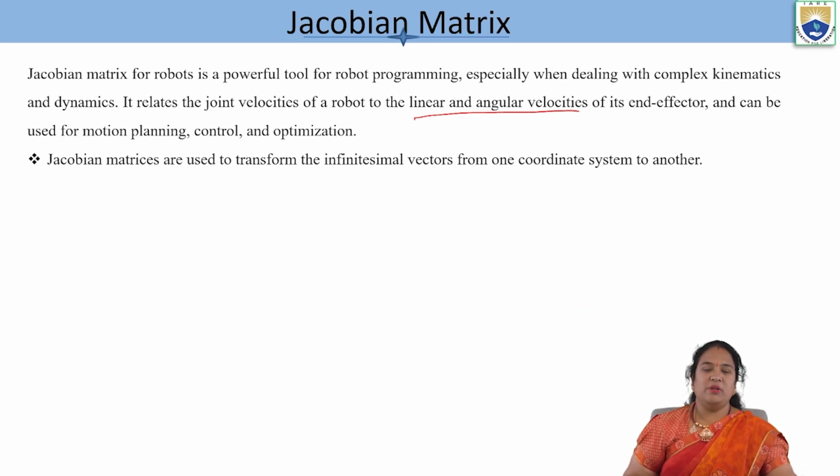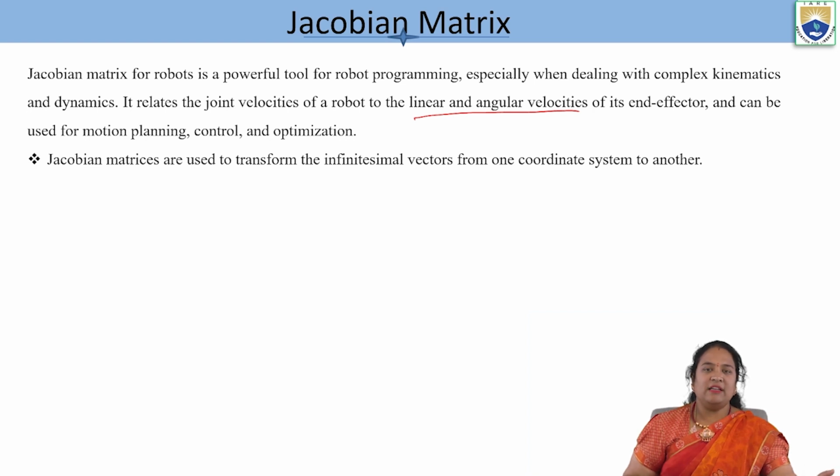Right? A Jacobian matrix is nothing but a powerful tool to write the robot programming, where we are finding difficulties to solve the complex kinematic or dynamic motion analysis.